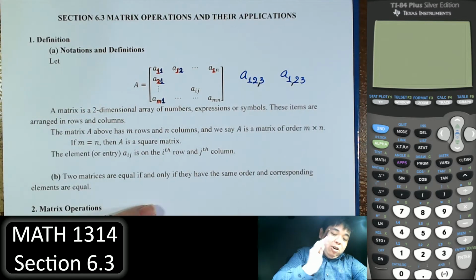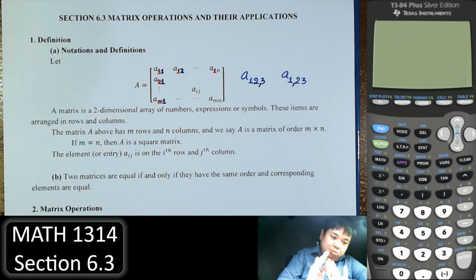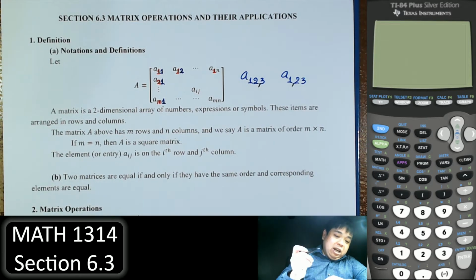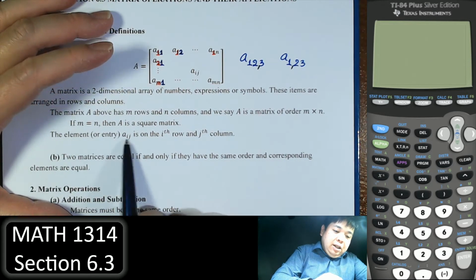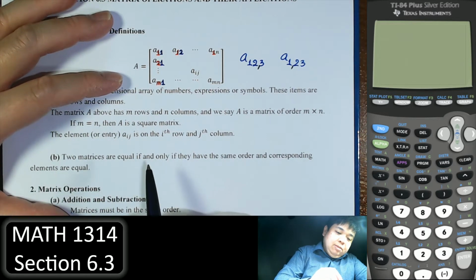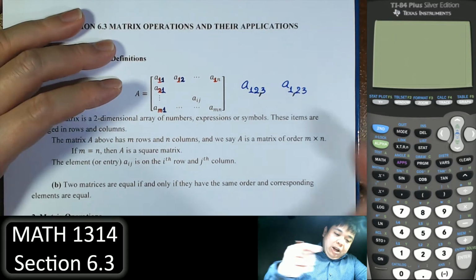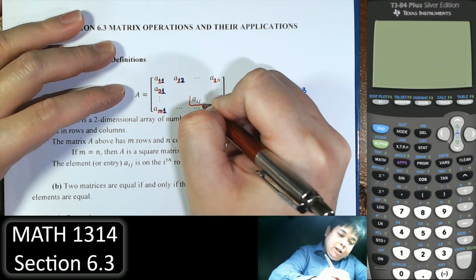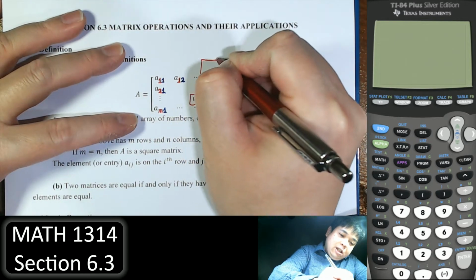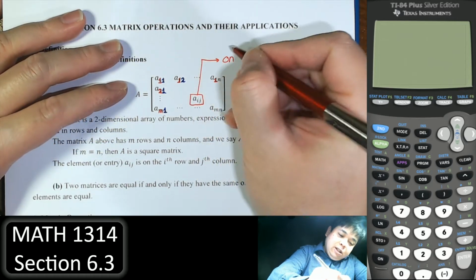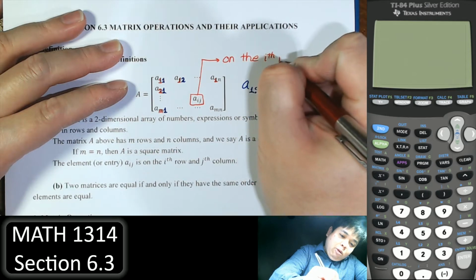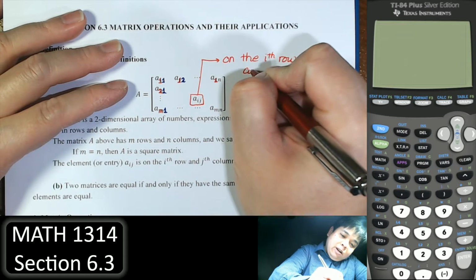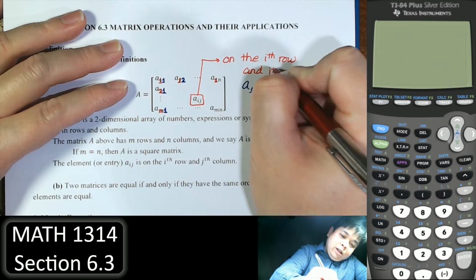But the first number denotes the row and the second denotes the column. So when we write Aij, we say this is on the I-th row and J-th column.